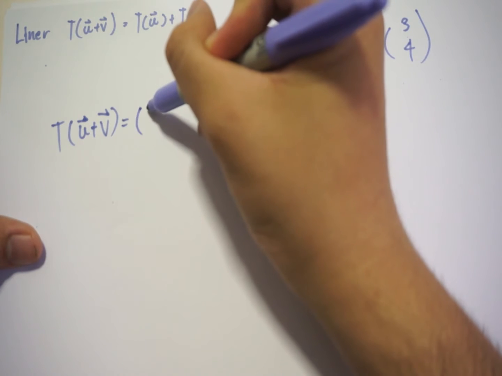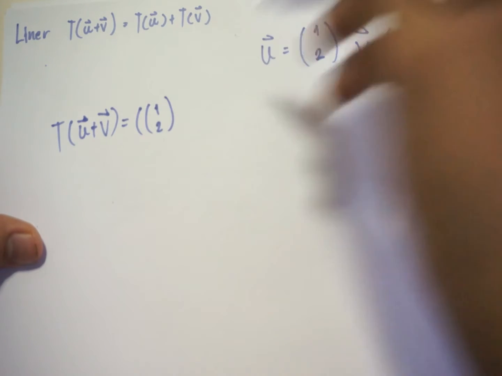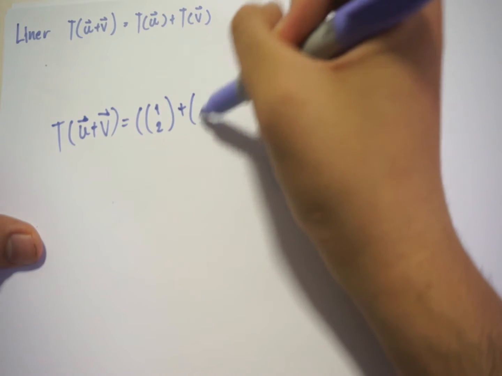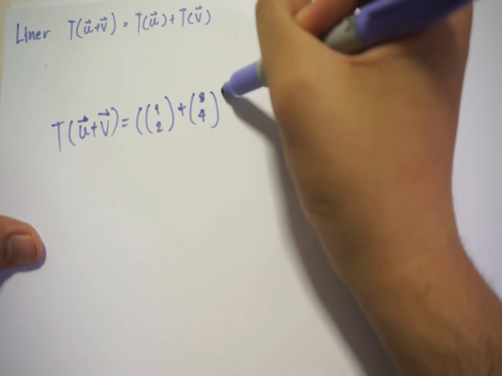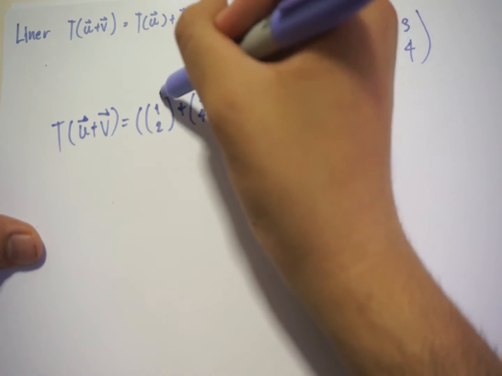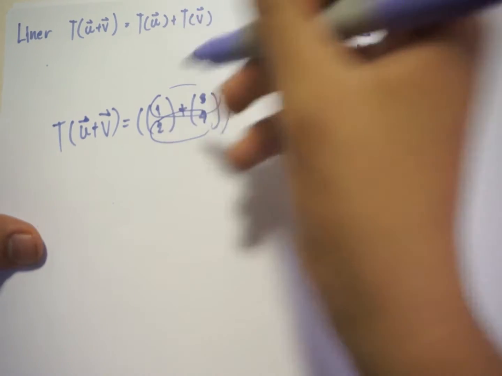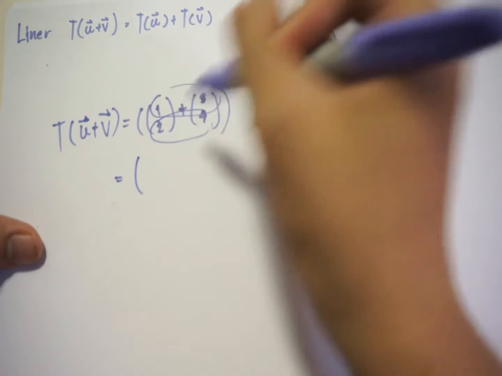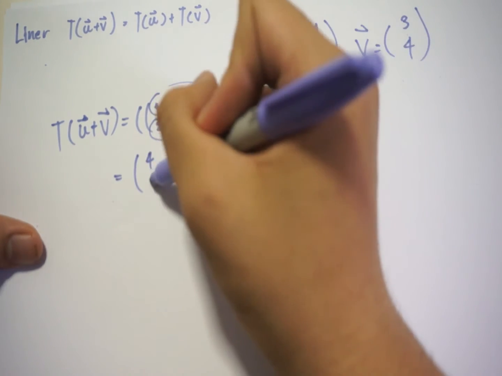We're gonna add them together first. When we're adding them, we just do them in separate segments, which means the top parts add together and the bottom parts add together, so we will have 3 plus 1 is 4, 4 plus 2 is 6.